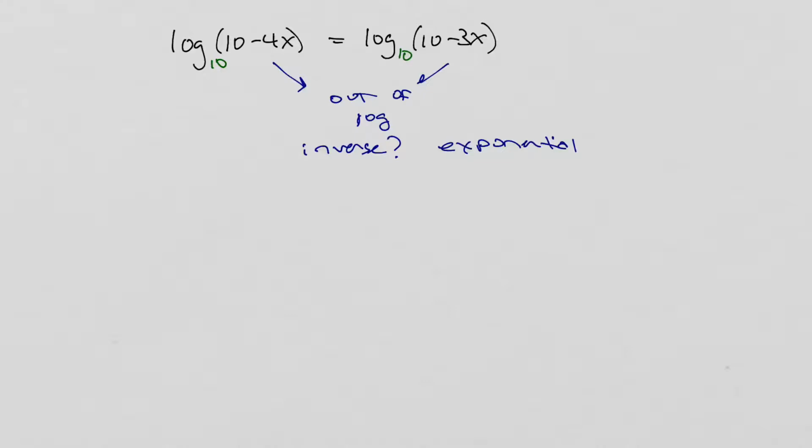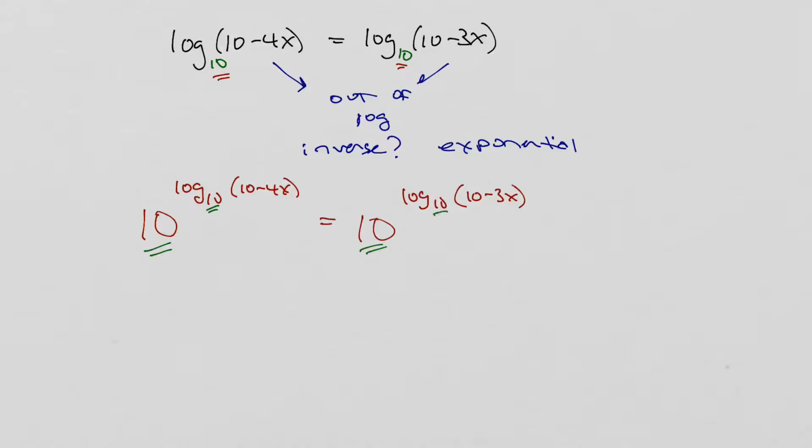Since the base we're using here is 10, what I'll do is take the left-hand side and make it the exponent for 10. And what you do to the left-hand side, you have to do to the right-hand side. So that'll be a 10 raised to the log base 10 of 10 minus 3x. Now I have an exponential function with a base of 10 and a logarithmic function in the exponent spot with a base of 10, which means they're inverses of each other.